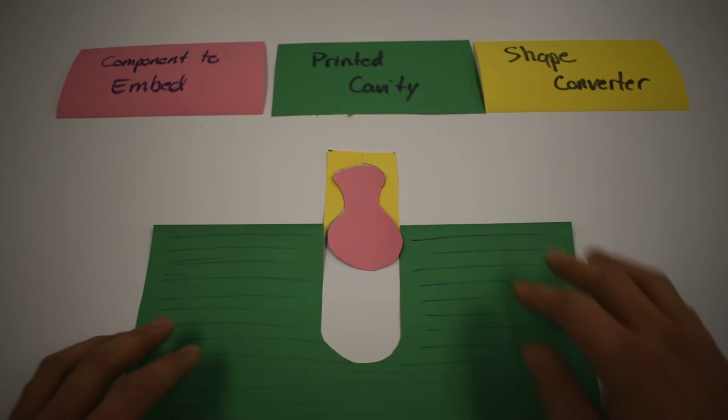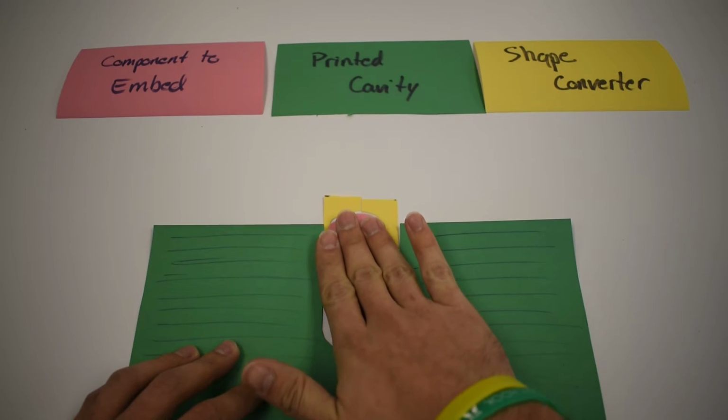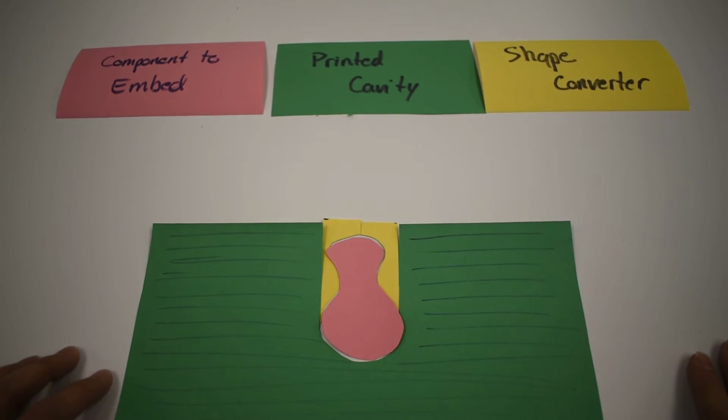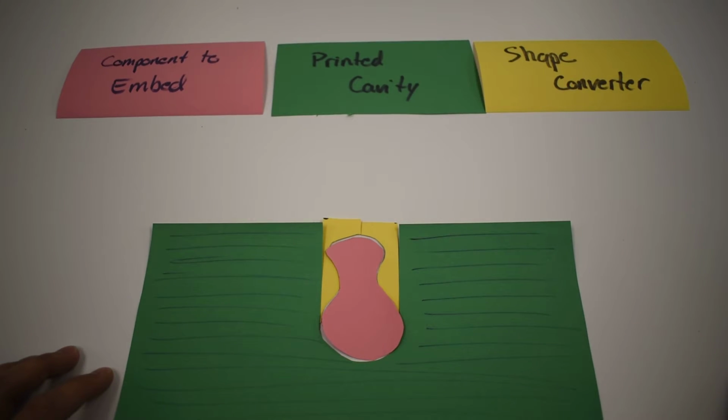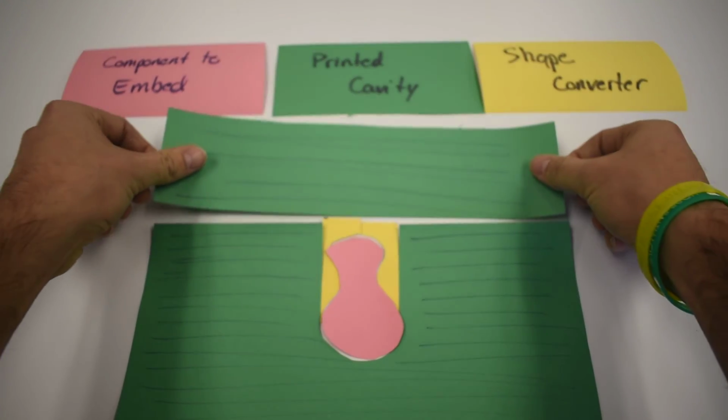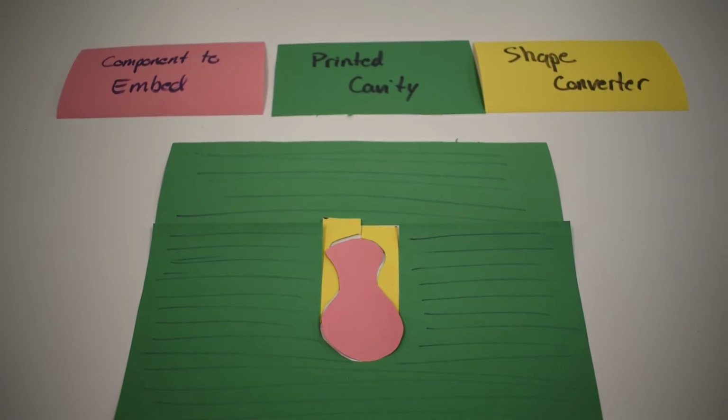So as we bring this back down into the shape, we can see that we now have a nice flat surface across the top to resume printing, where the embedded part is going to be fully rigidly supported. So as we continue to print, we can see that our part is fully encased and fully embedded without the use of external assembly, adhesives, or any sort of binding agents necessary.